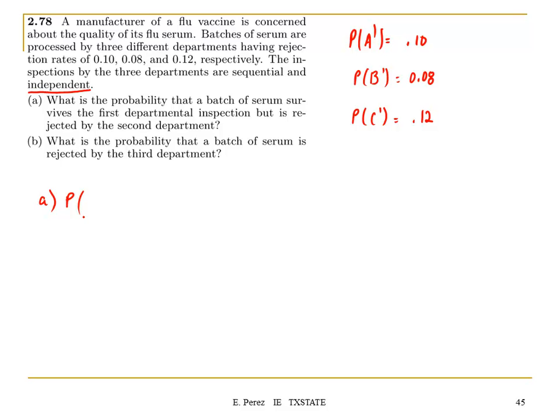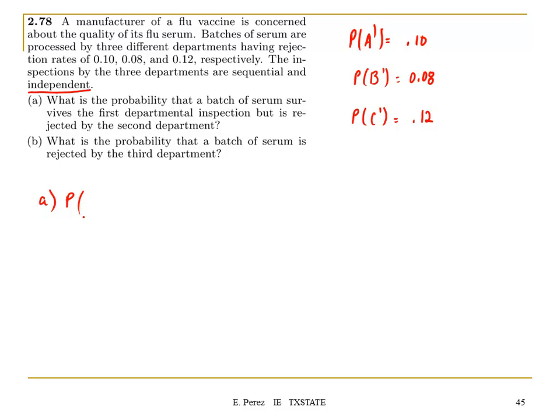So again, there's no given in this particular question, just asking in general. What is the probability that the batch of serums survives the first department inspection but is rejected by the second department?